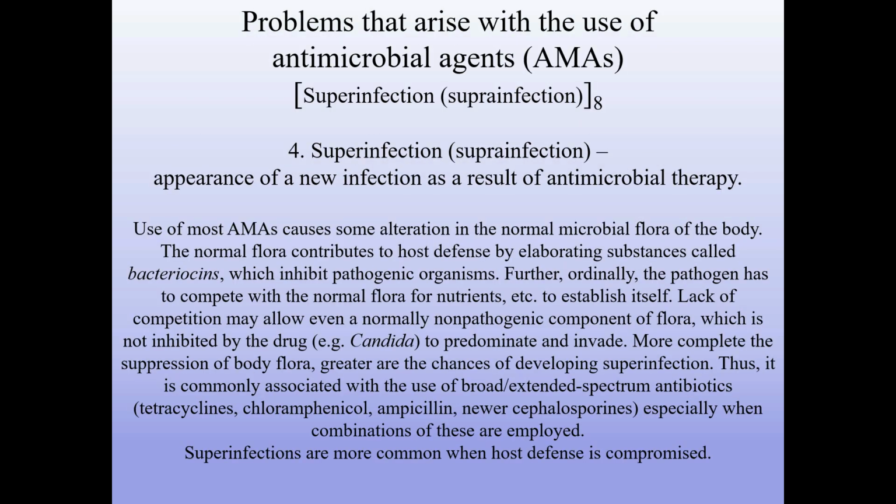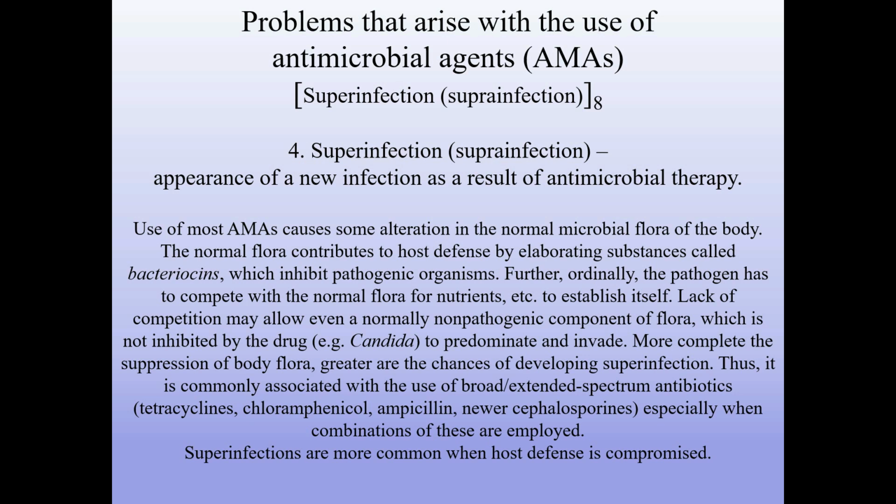The fourth problem which arises with the use of antimicrobial agents is superinfection or suprainfection, appearance of a new infection as the result of antimicrobial therapy. Use of most antimicrobial agents cause some alteration in the normal microbial flora of the body. The normal flora contributes to host defense by elaborating substances called bacteriocins, which inhibit pathogenic organisms.